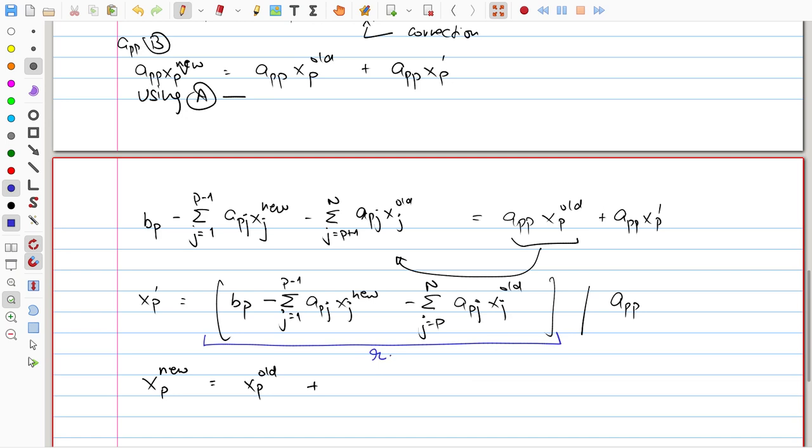So, we call it Rp, which is the residual of the pth equation.